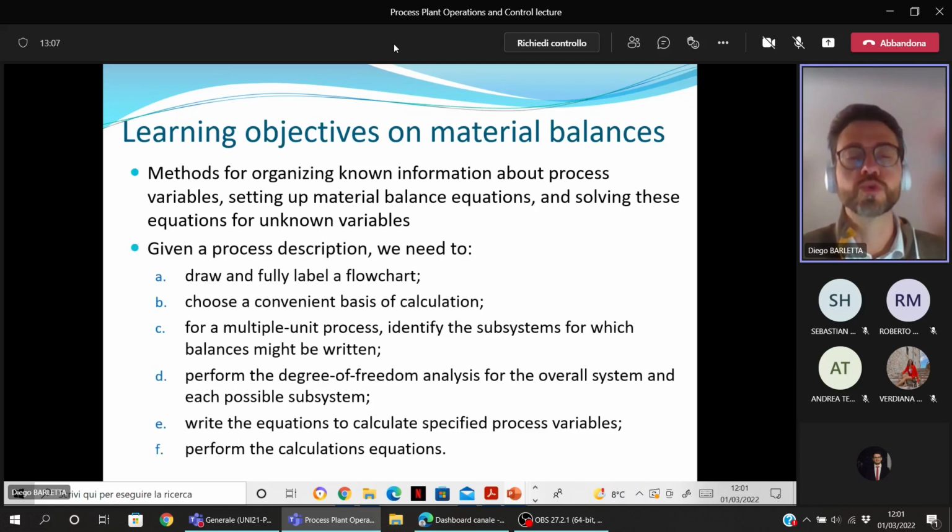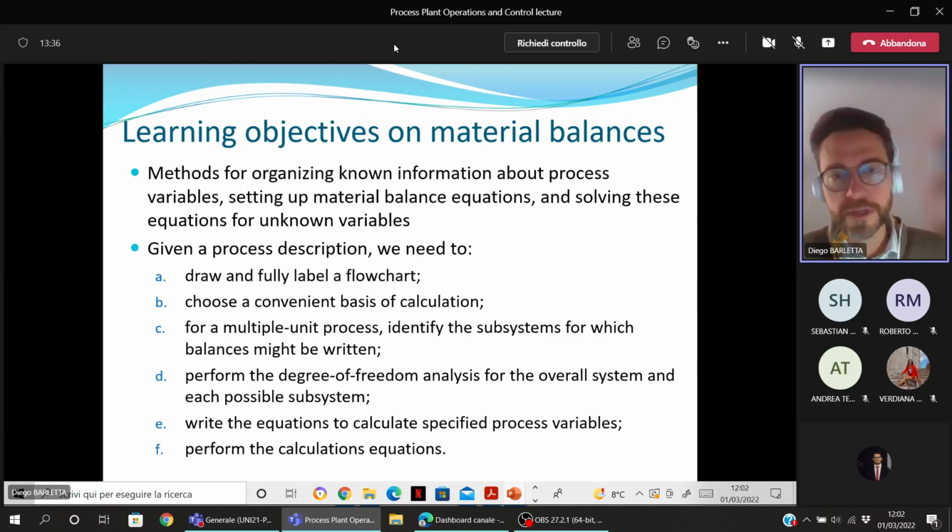So if we want to depict a pathway, a sort of procedure that we need to follow to do this, we will need to, first of all, draw and fully label a flow chart, that is actually the schematic representation of a process. Choose a convenient basis of calculation.